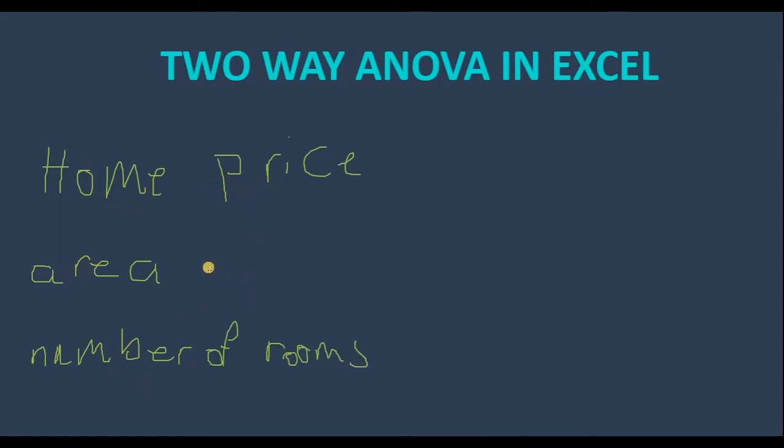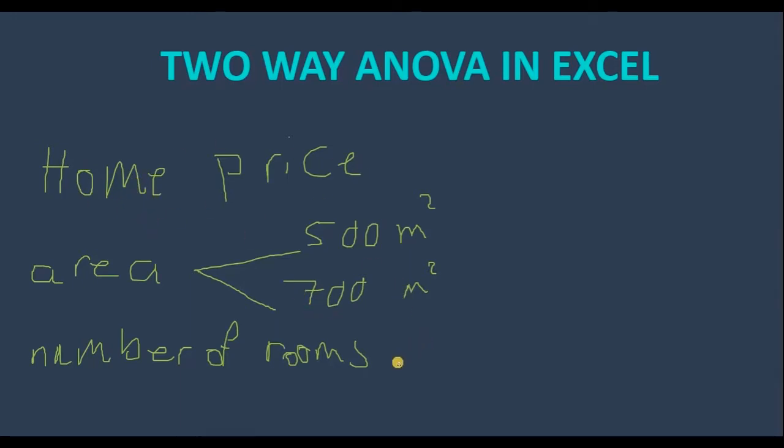Then we know that we have two categories for area. So we want to see how an area of 500 square meters and 700 square meters impacts the home price.